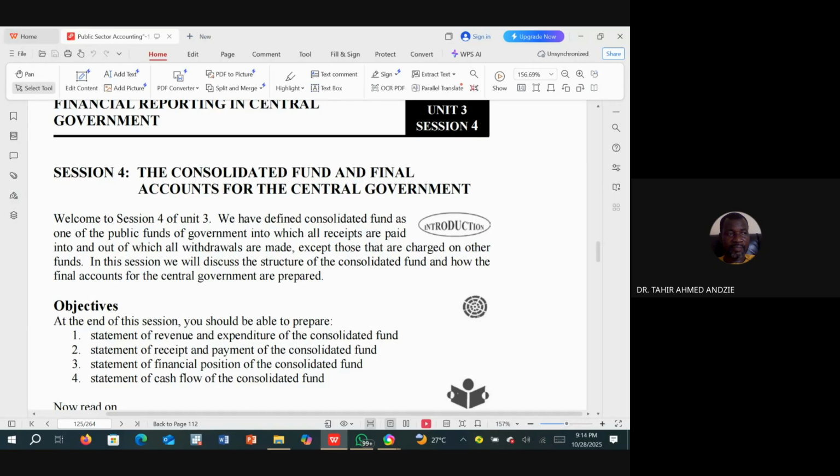So if we start at 6, we can do up to 9, 3 hours. Then on Sunday after church, which will be around 12, I can meet you again, because I have to go for the church service too. He's not a Muslim, I'm a Muslim, but she is not, so I will have to attend the church too.